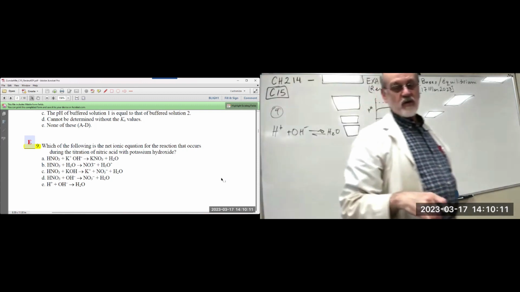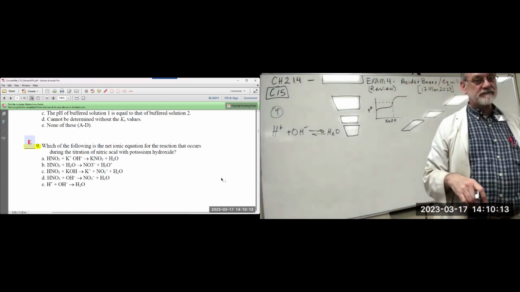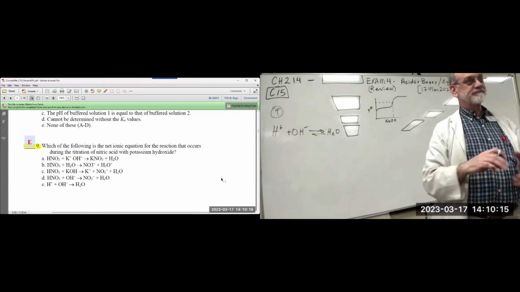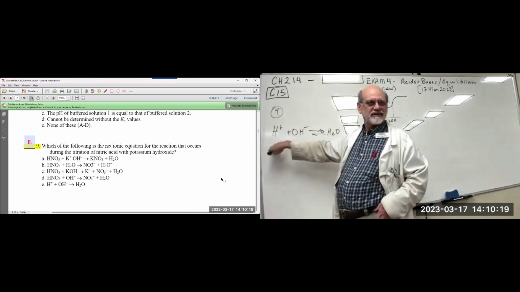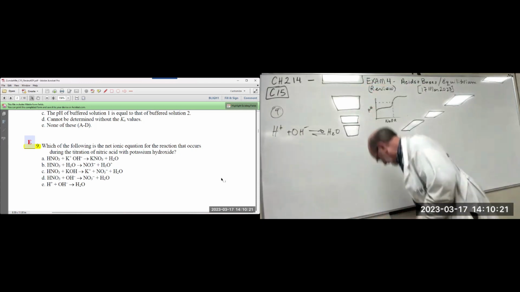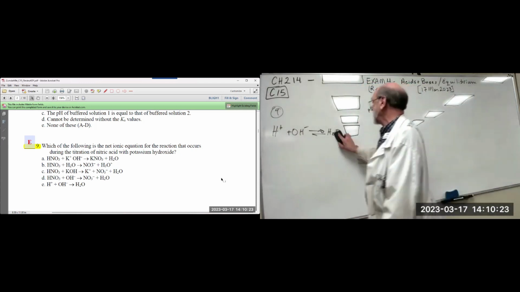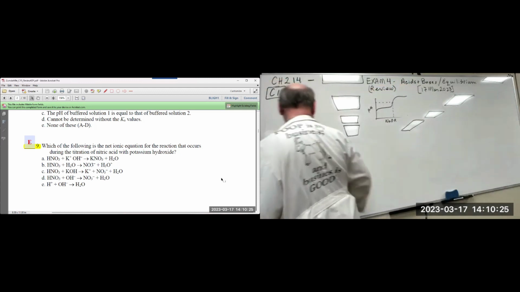That's the net ionic equation of an acid-base reaction. E. Strictly speaking, that should be hydronium. But it works.